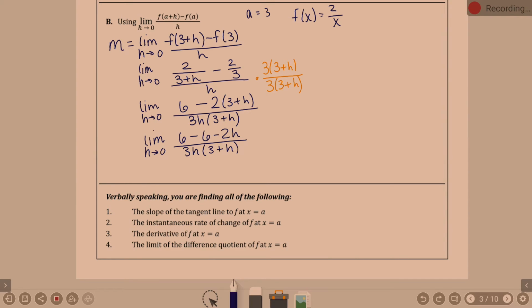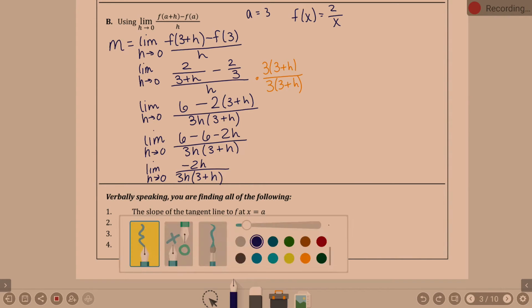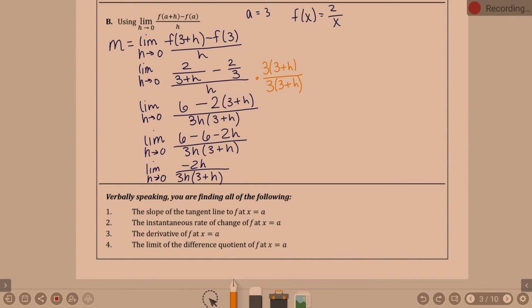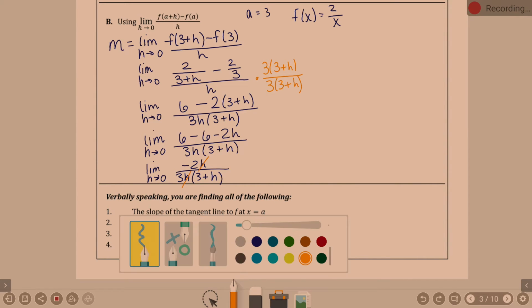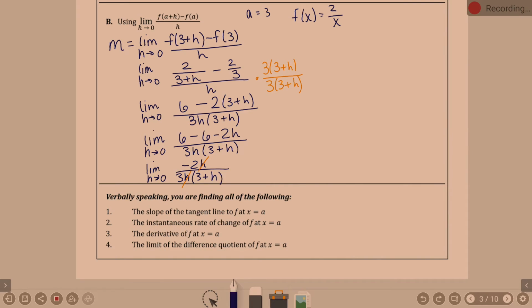So it's the limit as h approaches 0 of negative 2h over 3h times 3 plus h. The h's cancel, so now I have the limit as h approaches 0 of negative 2 over 3 times 3 plus h.